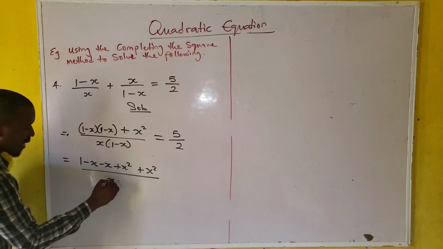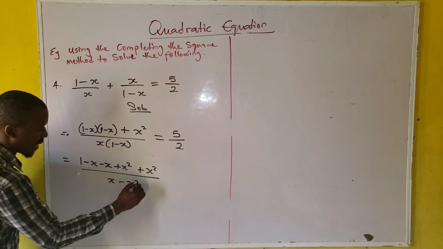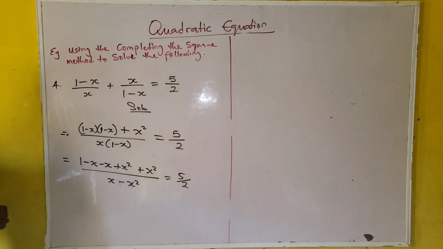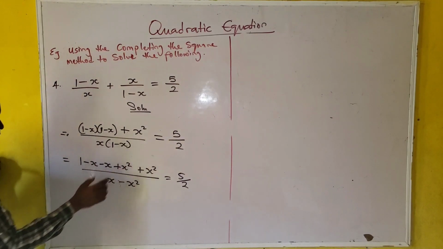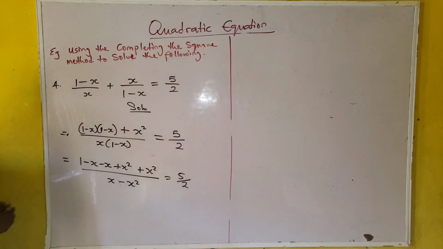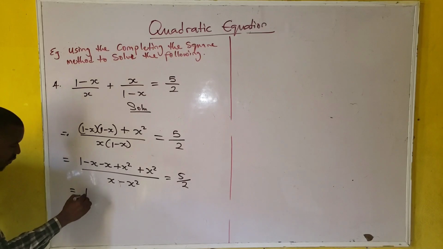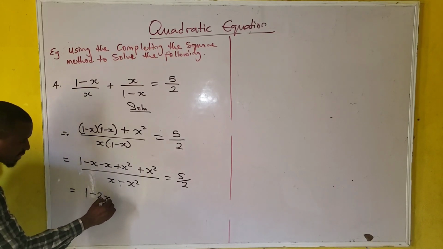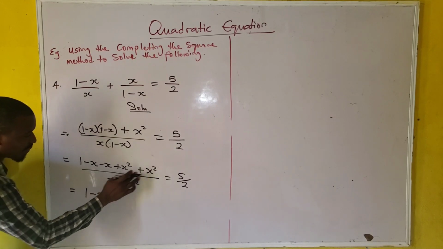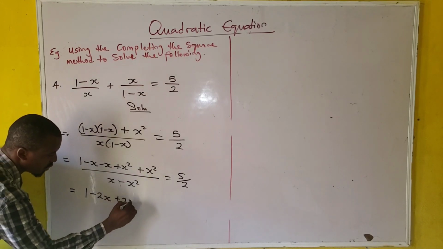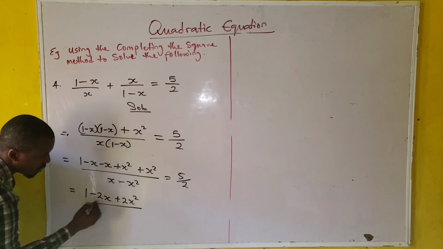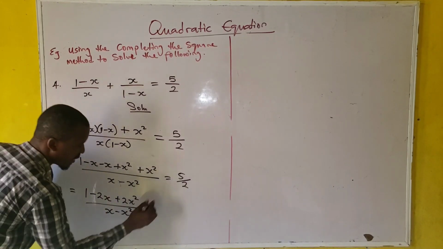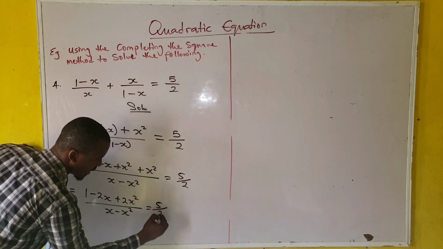That will give you x minus x squared equals 5 over 2. Remember, we are not done with the numerator. So let's take care of the numerator there. That will give us 1 minus 2x plus x squared plus x squared will give me plus 2x squared, all over x minus x squared, equal to 5 over 2.